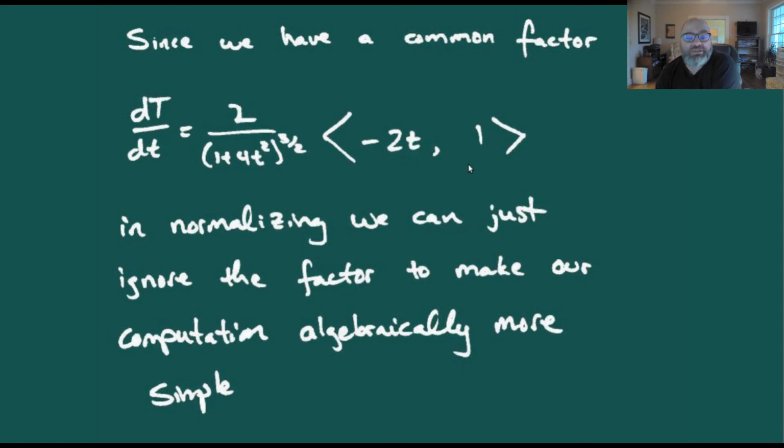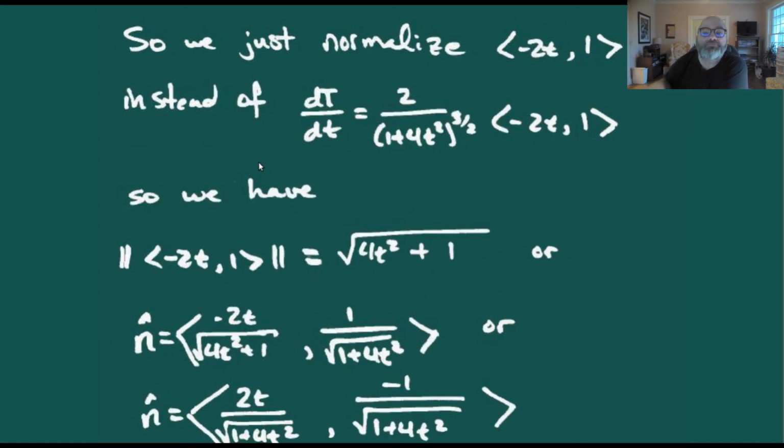Generally this simplifies the computation algebraically. We can just normalize ⟨-2t, 1⟩ instead of normalizing the big algebraic expression where we didn't pull out that factor.